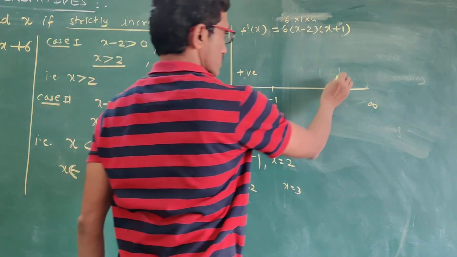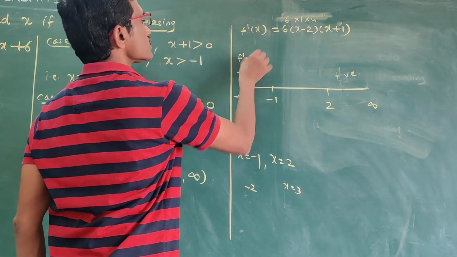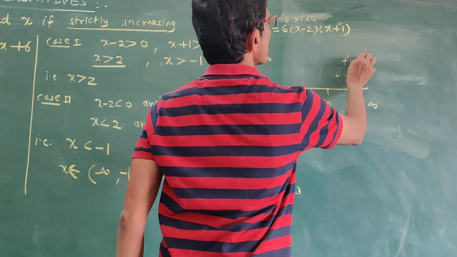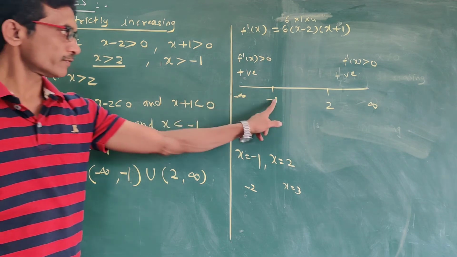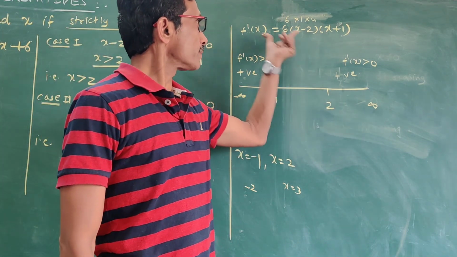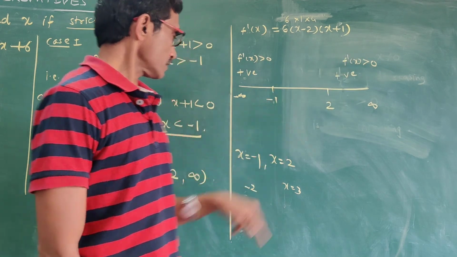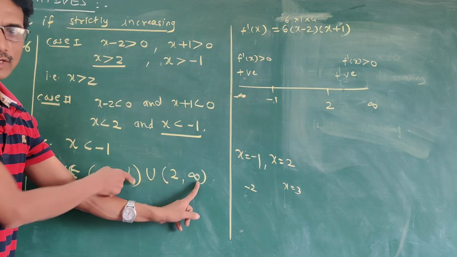So f dash of x is what? Positive here. Here f dash of x is greater than 0. That means for minus infinity to minus 1 and 2 to infinity, this f dash of x takes positive value. That means the function is increasing in the interval minus infinity to minus 1 and 2 to infinity.